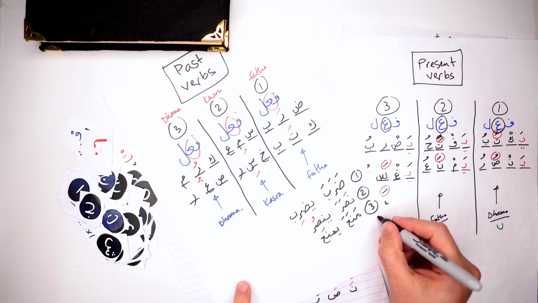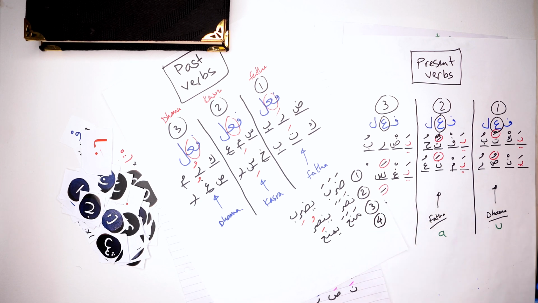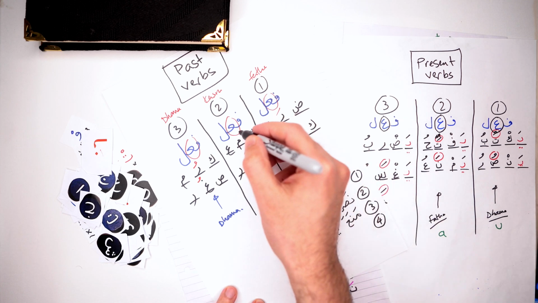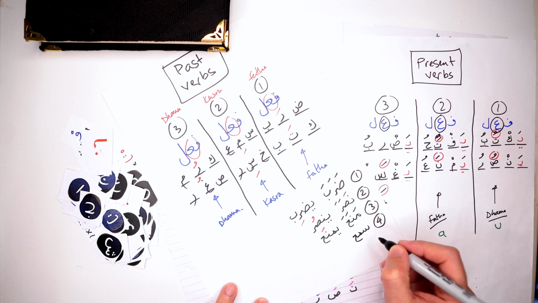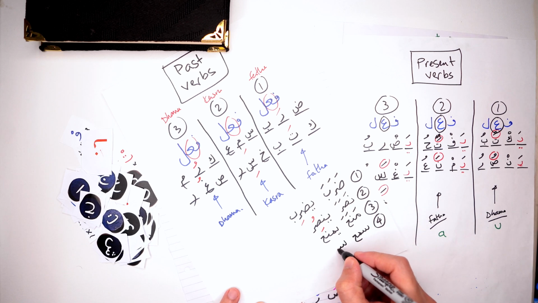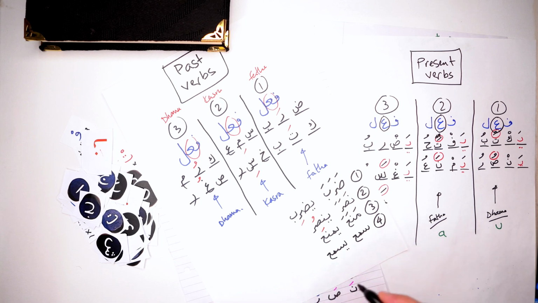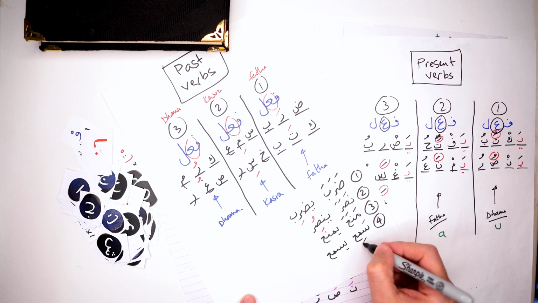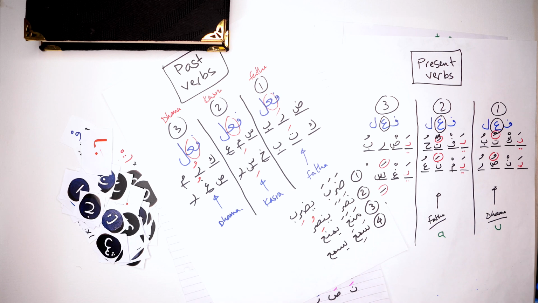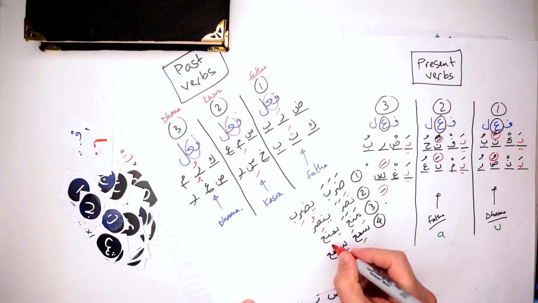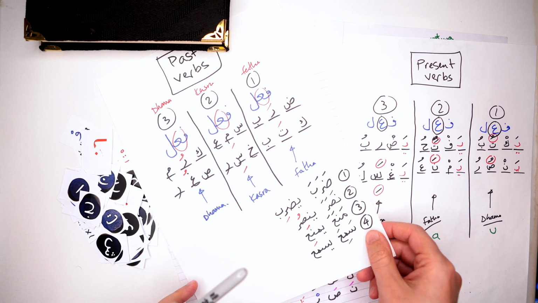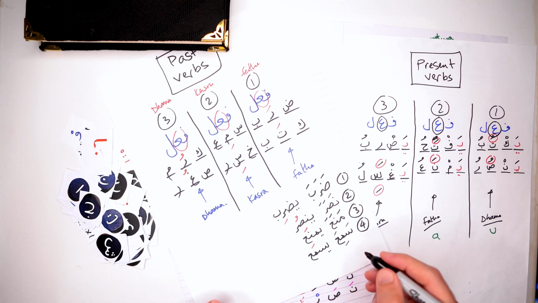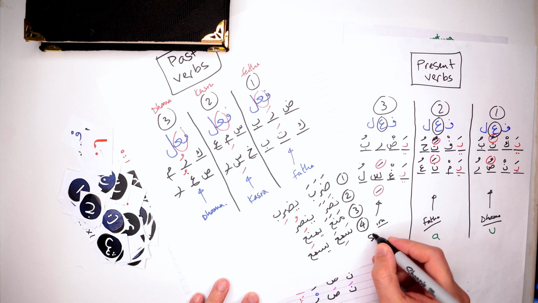And then number four, you've got this one here, kasra. Sami'a yasma'u. And then over here, is there any more space? Can we fit it in? Yes, inshallah, we can fit this in.